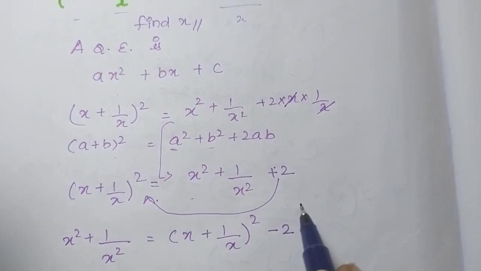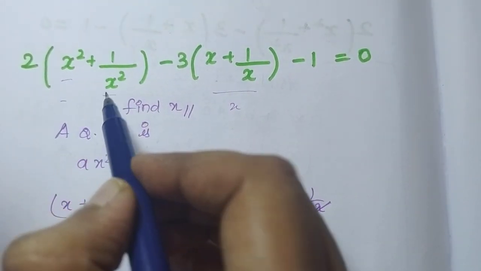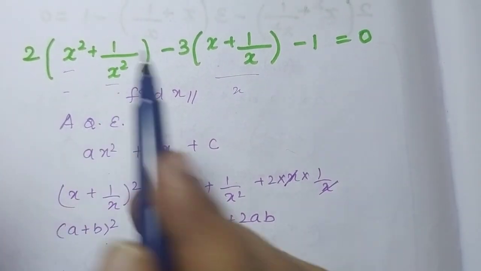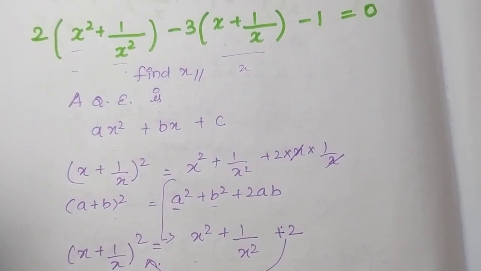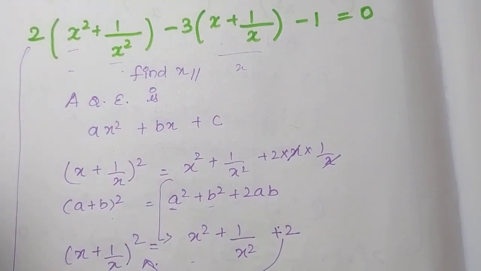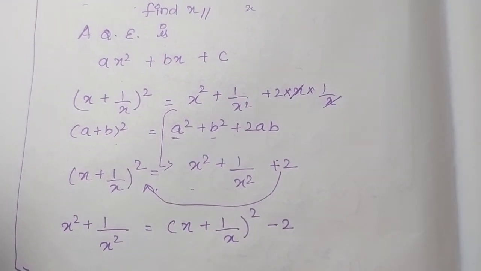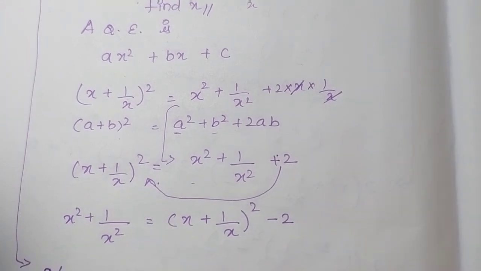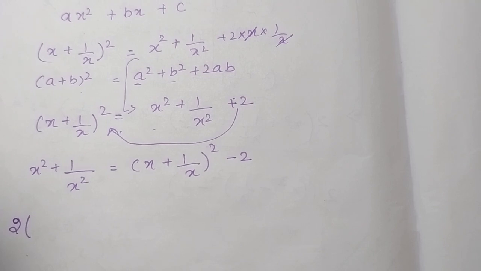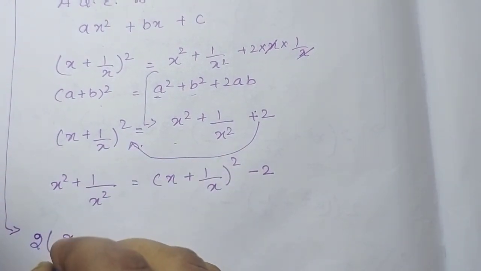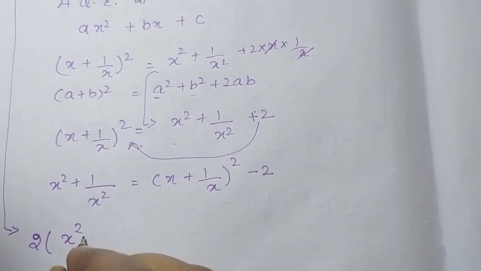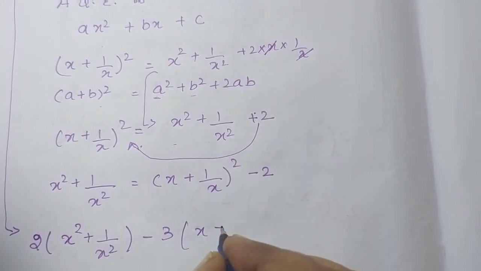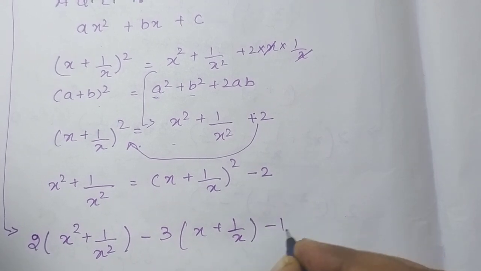Therefore, I will get the value of x square plus 1 by x square. I am going to substitute this in the place of this. The actual equation is x square plus 1 by x square minus 3 times (x plus 1 by x) minus 1 is equal to 0.